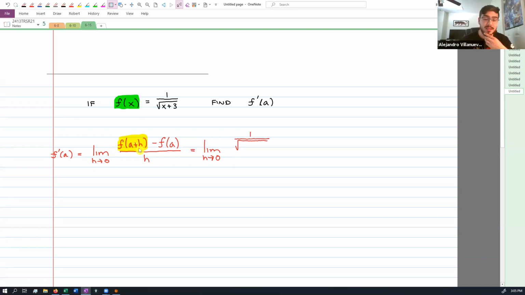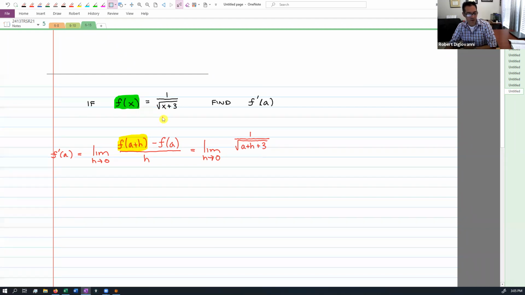Oh, a plus h. So you're going to replace the x with a plus h, right? Yes, sir. So it'll be 1 over the square root of a plus h plus 3. Alejandro, that makes sense? Yes, sir. Evaluating this function at a plus h just means replace the x with a plus h.